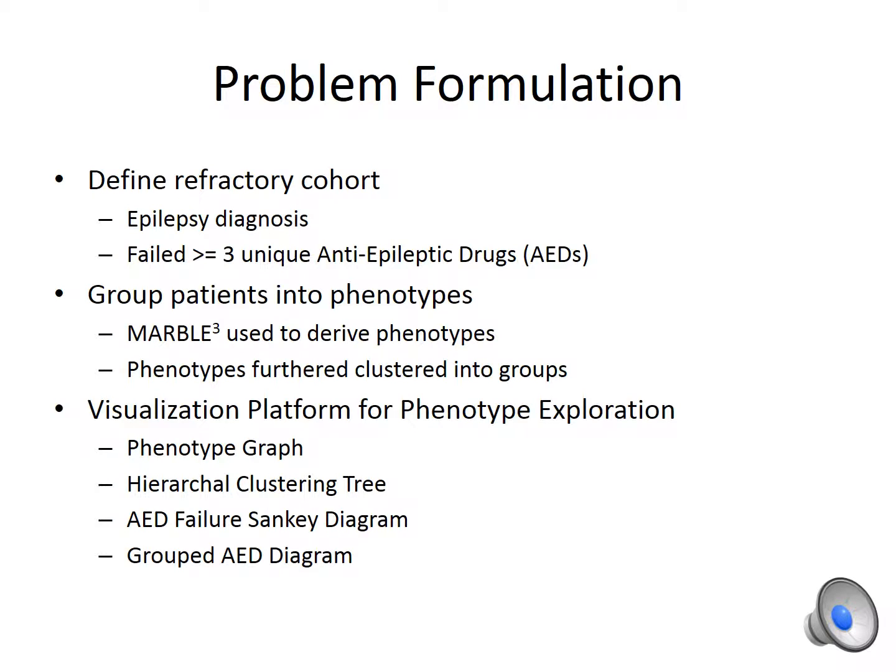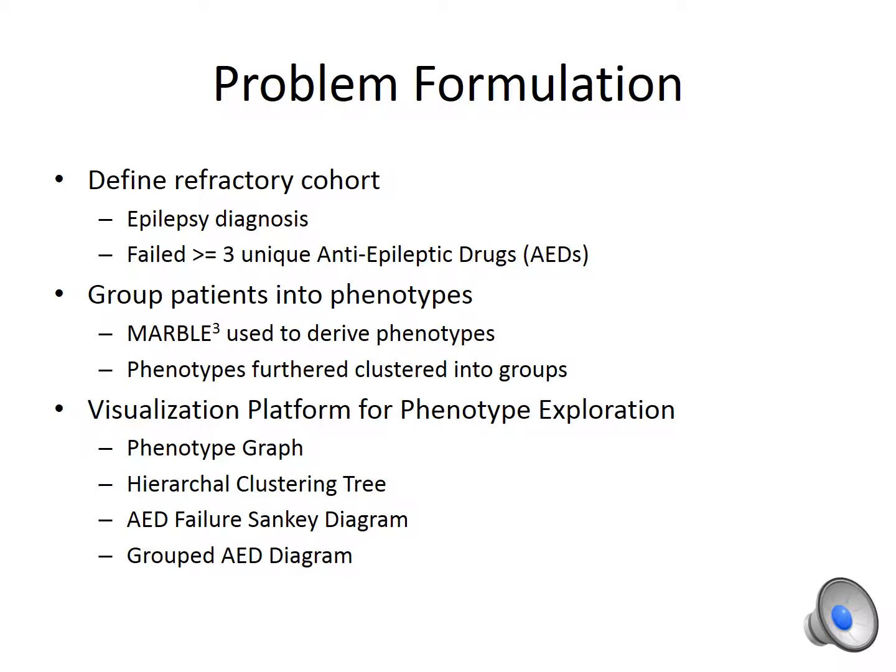For the first part of this project, a refractory cohort will be determined from the population. To be in this cohort, a patient must be diagnosed with epilepsy based upon specific diagnoses codes and also fail 3 unique anti-epileptic drugs, or AEDs.